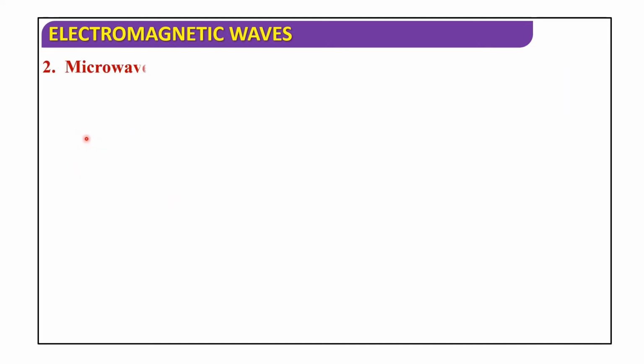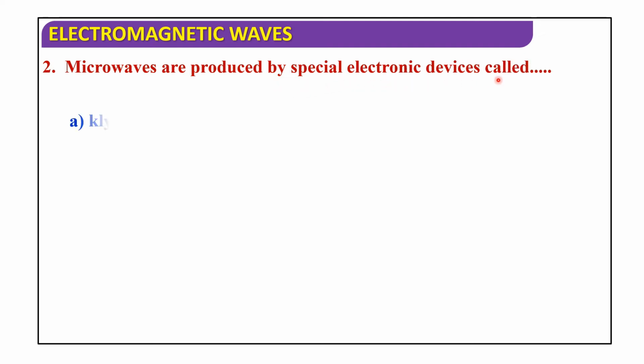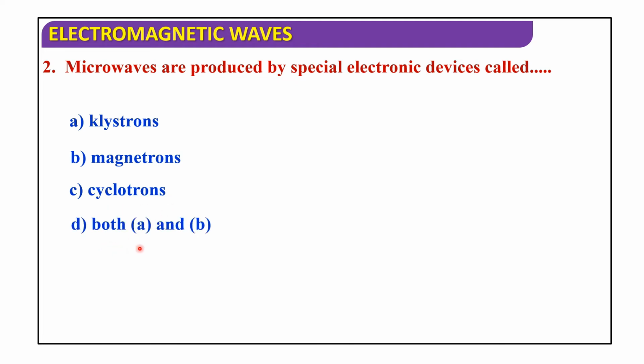Next, microwaves are produced by special electronic devices called klystrons, magnetrons, cyclotrons, or both A and B. Microwaves are produced by special electronic devices called klystrons and magnetrons. So that's why the option is D, both A and B. The answer is klystrons and magnetrons.